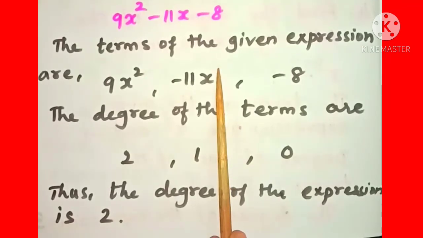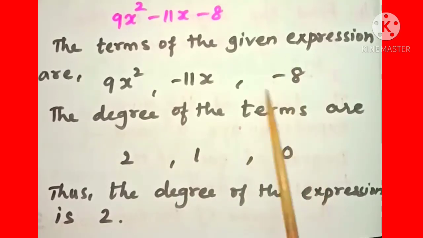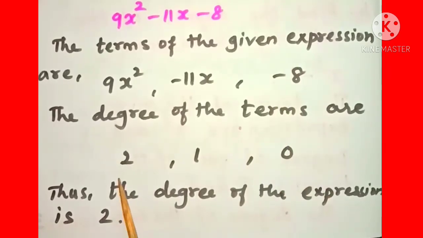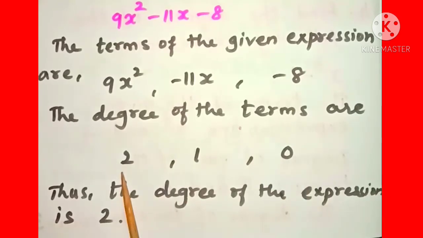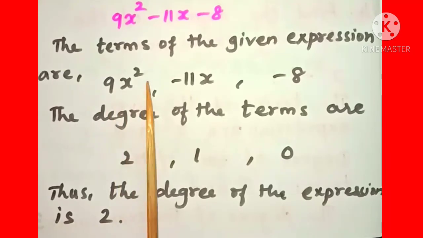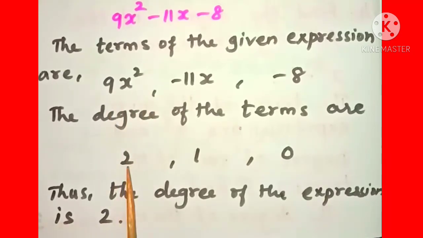So the degree of x is 1 and the degree of constant term is 0. Here the highest degree of the terms is 2, which is the degree of the term 9x square. So 2 will be the degree of the expression.